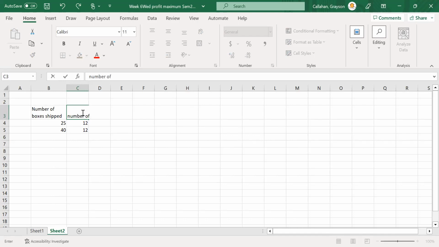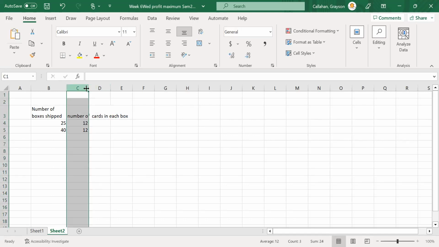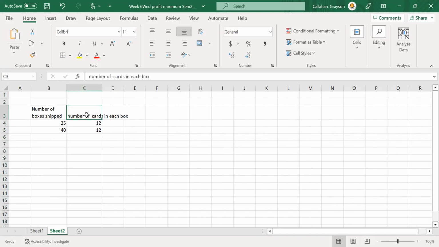Go back to your question and read. What did number of cards in what? In 20 boxes? In each box? In 50 boxes? In what? Not in boxes. In what? In 2 boxes? Are there 12 cards in 2 boxes? No. Number of cards in each box.